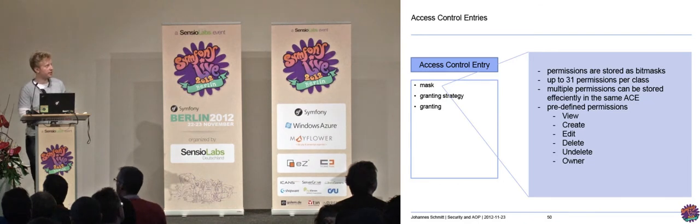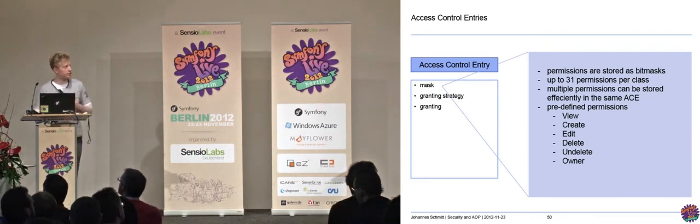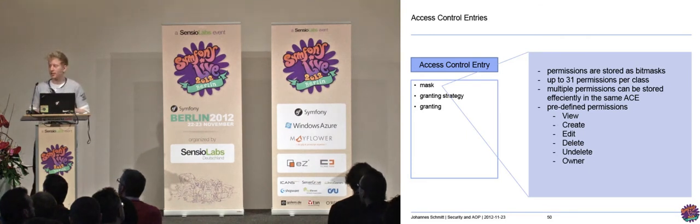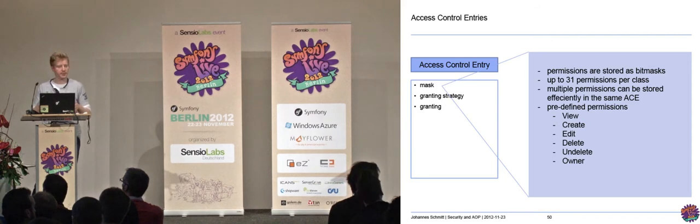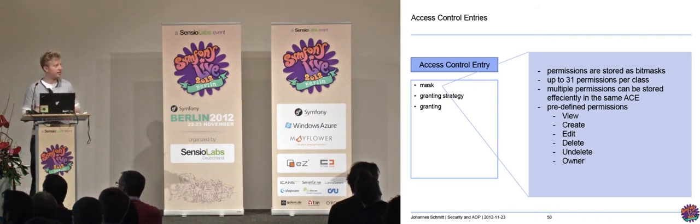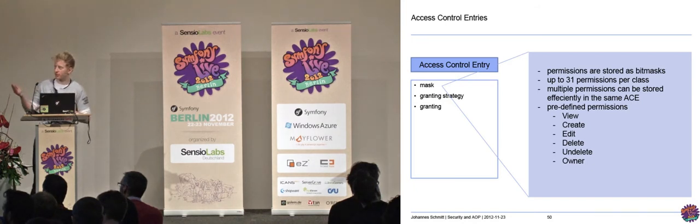A short thing on the access control entries, how they are stored internally. I said in the beginning that we store the access permission as a bit mask, which is basically zeros and ones. And you can store up to 31 of these different permissions per class. One permission, for example, would be view, create, edit, delete, undelete, owner. You could have 31 of these per class.